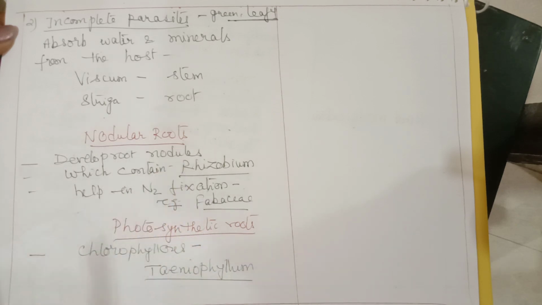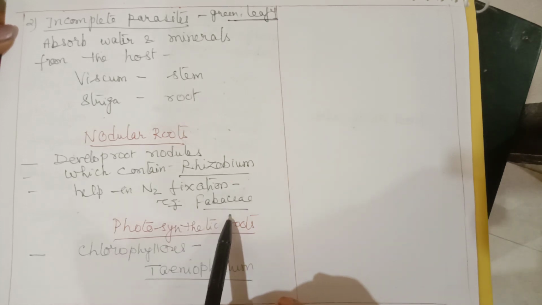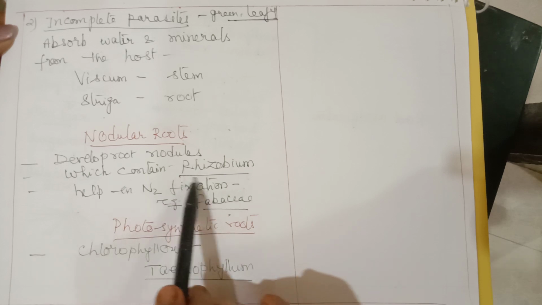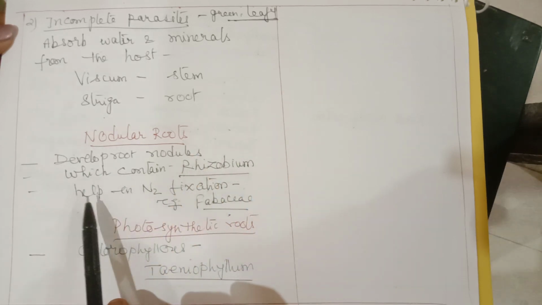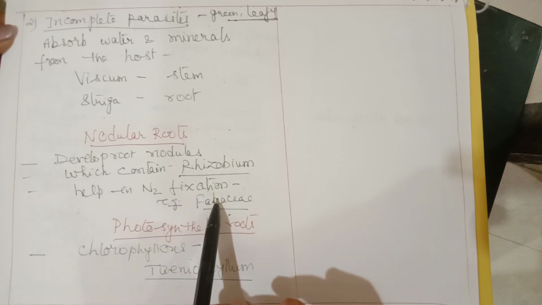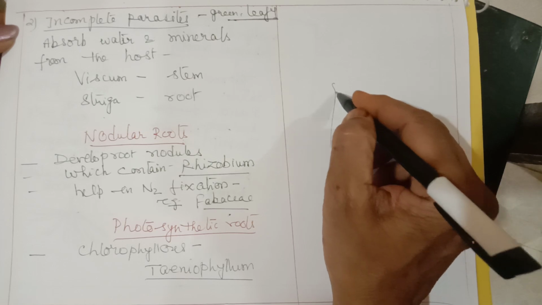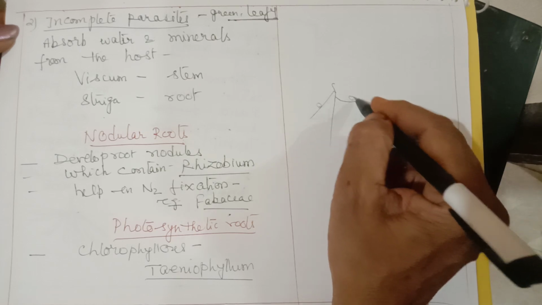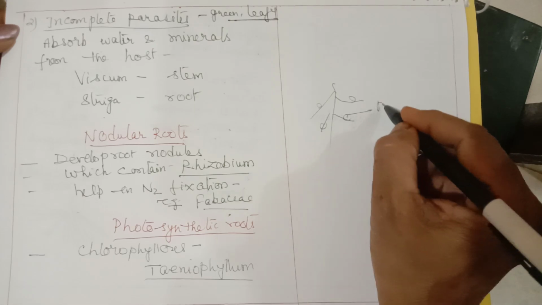Okay, now nodular roots. Nodular roots are those which develop root nodules. We know very well about root nodules that are found in the Fabaceae members. They are formed due to infection by the bacterium Rhizobium, and Rhizobium helps in nitrogen fixation. Externally these nodules appear as pink structures. Why are they pink?